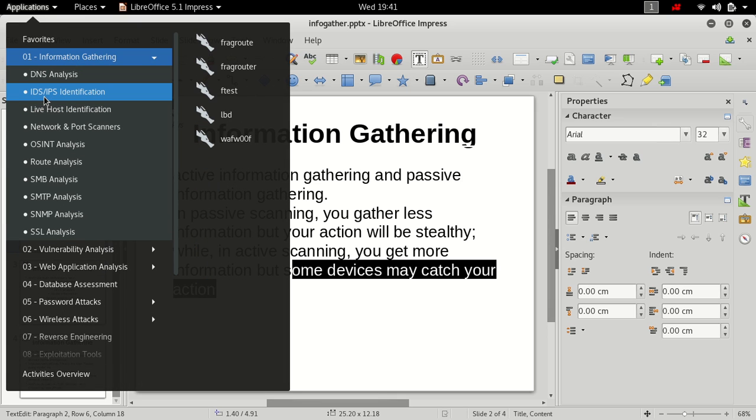The IDS detects whether someone is trying to gather information or trying to hack into my system. It will only detect. It will record all the data in a log file, that this person was trying to get this information from this system. It will not warn, it will only log all the details.